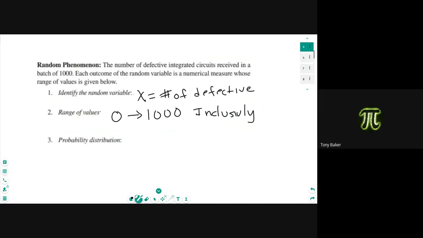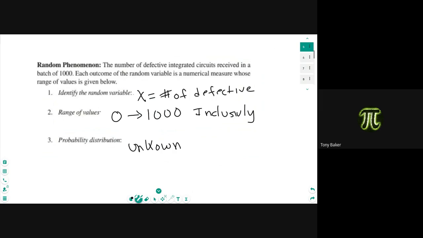What's the probability distribution? From the information they gave you, do you know it? No. So this one's unknown. Because this is more of an experimental probability than a theoretical probability.